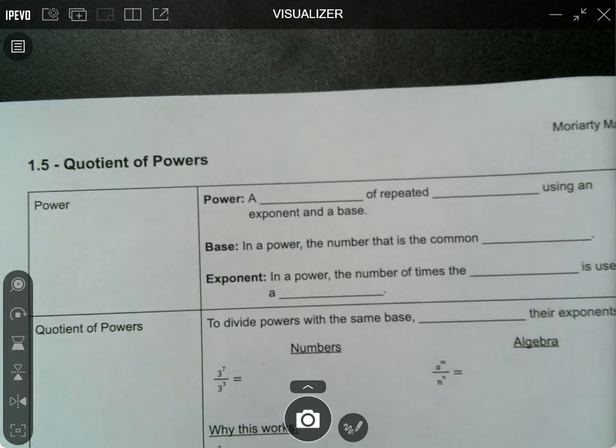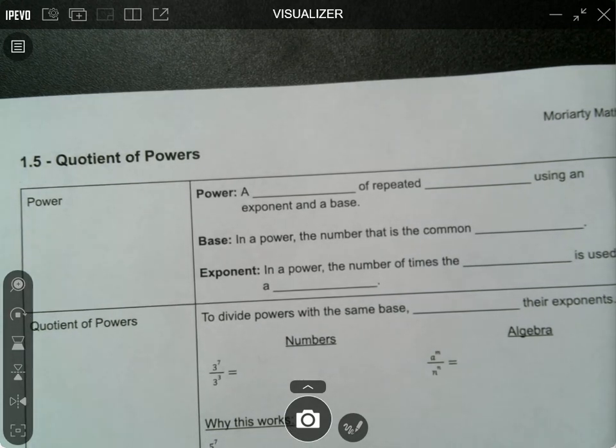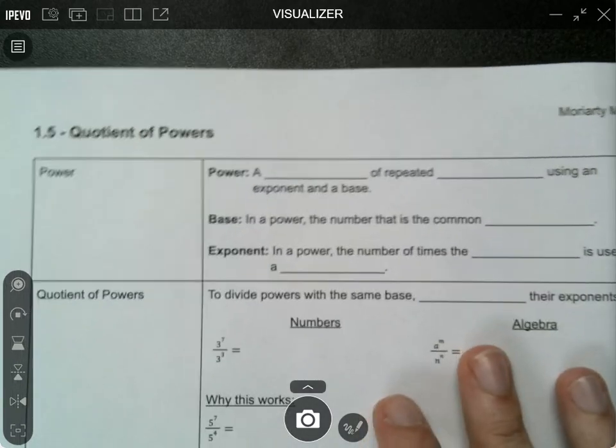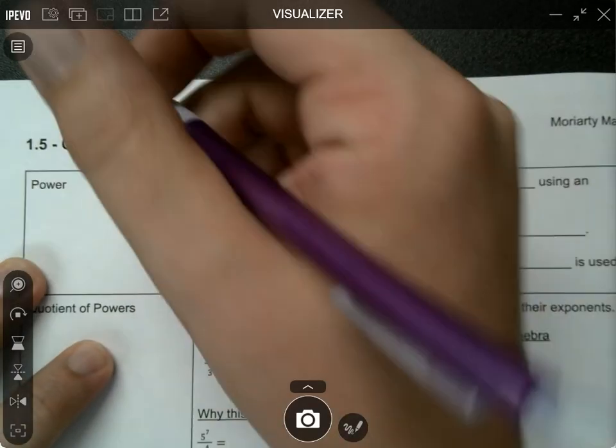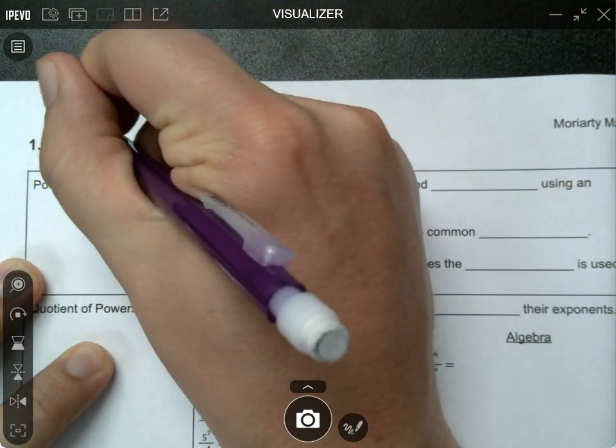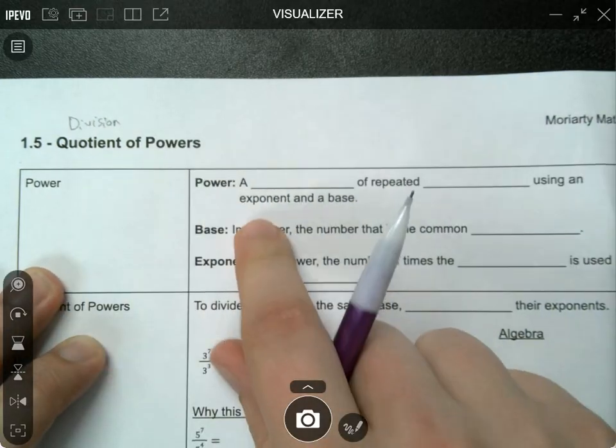Division. What's your name? Reese. Awesome. Yeah, it's division. Quotient is division, right? Okay. Thanks, Caden. Quotient is division.